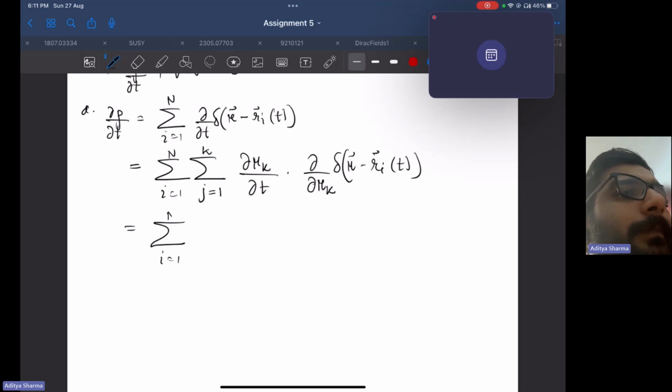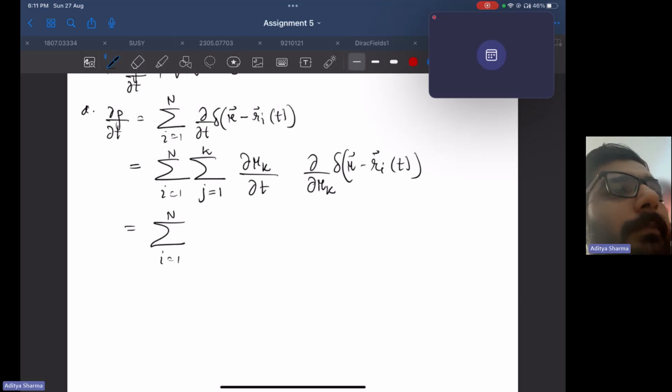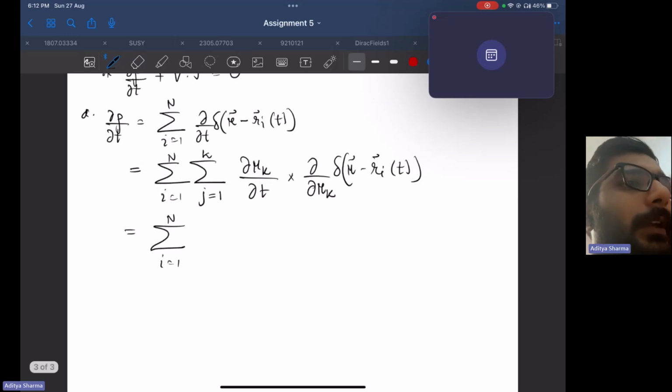This is nothing but the velocity. But if I want to write it in vector terms, I'll have to write r vector dot times gradient of the Dirac delta.